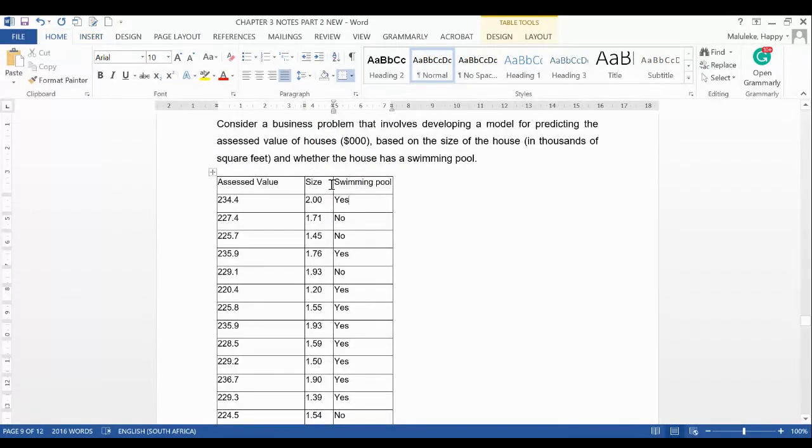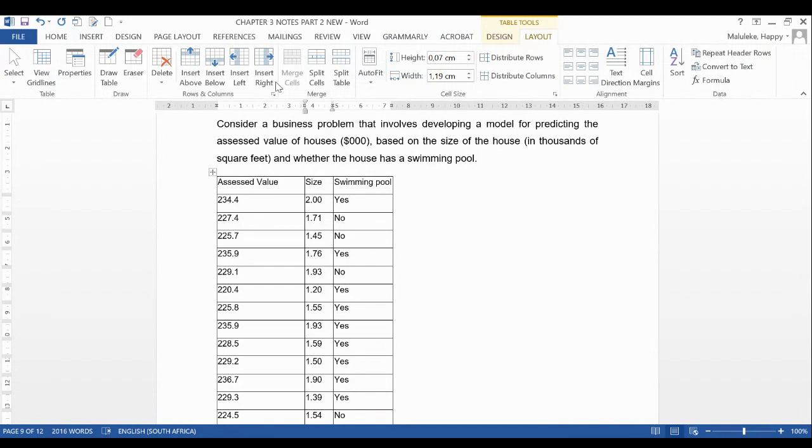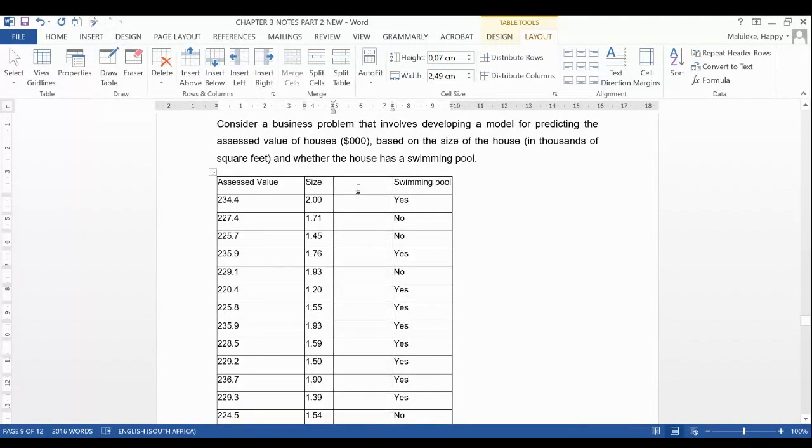So we'll just insert a column here. Swimming pool, SP representing the swimming pool.